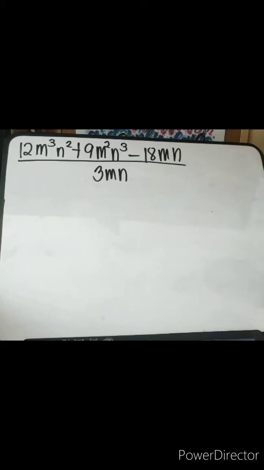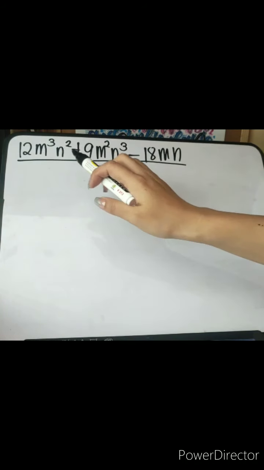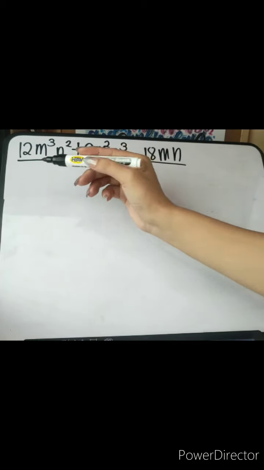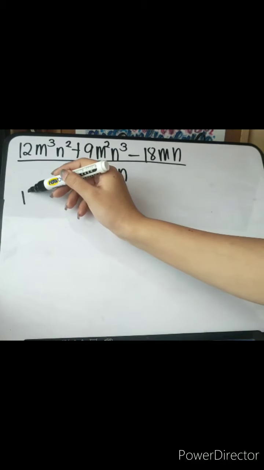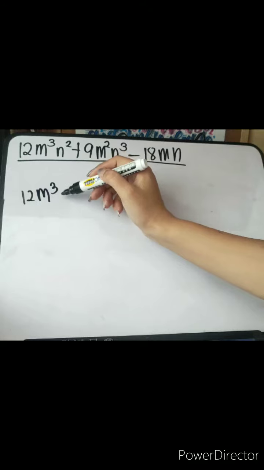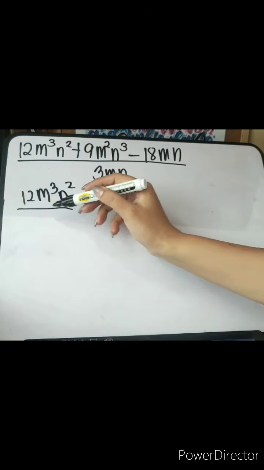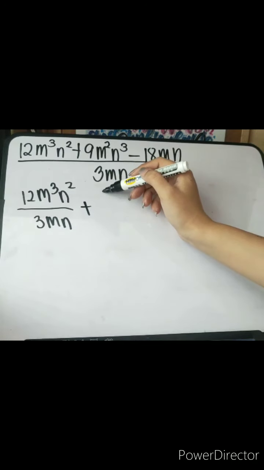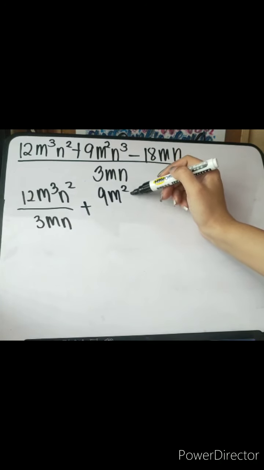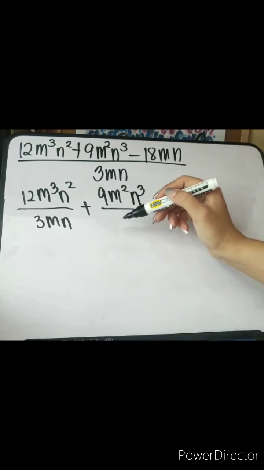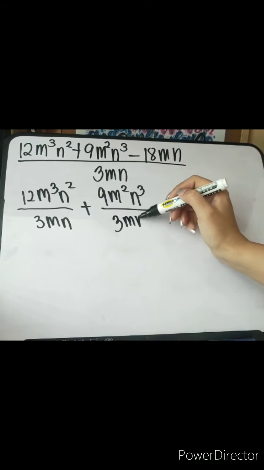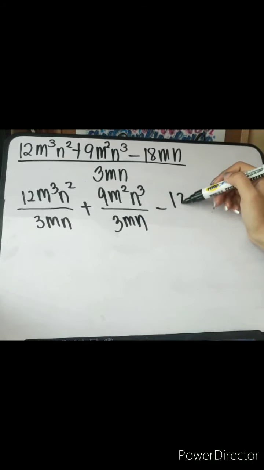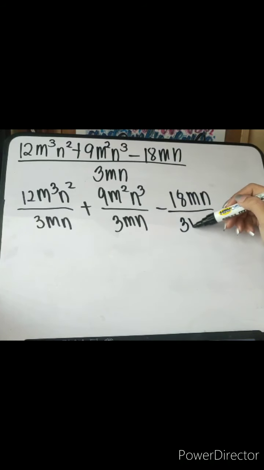So, ano yung sinasabi ko kanina na we will be dividing the monomial by each term. Kasi ang ibig sabihin po niyan, it is 12m cubed n squared divided by 3mn plus 9m squared n cubed divided by 3mn and minus 18mn divided by 3mn.